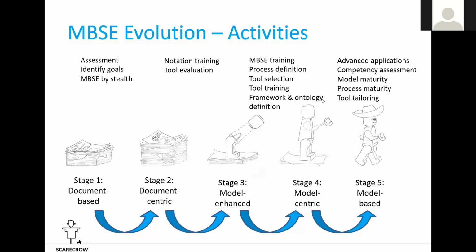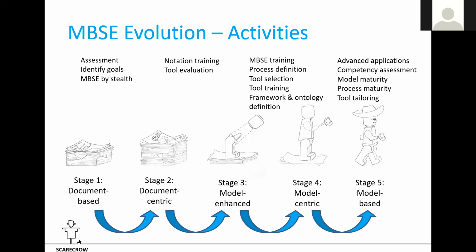You're looking at selecting tools that you're going to use, and you absolutely have to have a framework and ontology in at that point. You cannot be doing model-based systems engineering without having a framework. You can use SysML as much as you want, but if you haven't got a framework and an ontology in place, you're not doing MBSE, you're just drawing SysML diagrams.